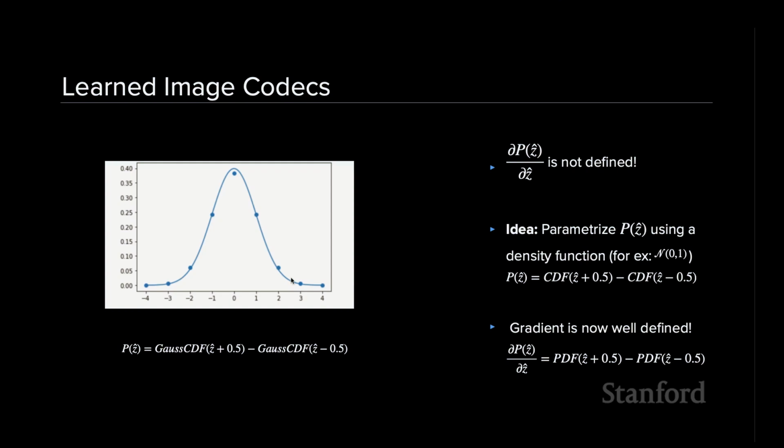And what I'm showing here is the solid curve is basically the Gaussian PDF, right? And the dots are the Gaussian CDF at Z hat plus 0.5 and Gaussian CDF at Z hat minus 0.5. So as you can see, the dots are roughly mimicking a Gaussian distribution.